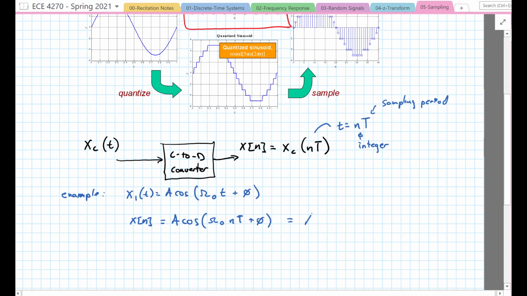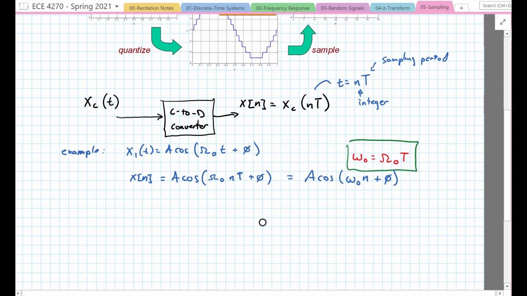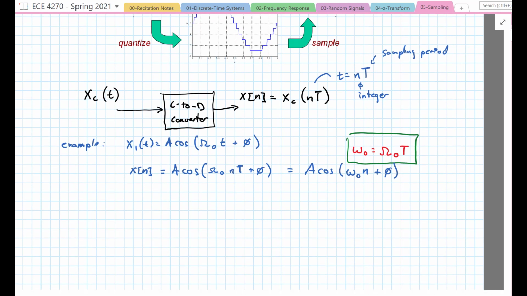We can write this as A cosine little omega naught n plus phi by making the substitution little omega naught is equal to capital Omega naught times T. It's very important. I'd normally box it in red, but it's already red, so I'll box it in green. Okay, so we've sampled our sinusoid.